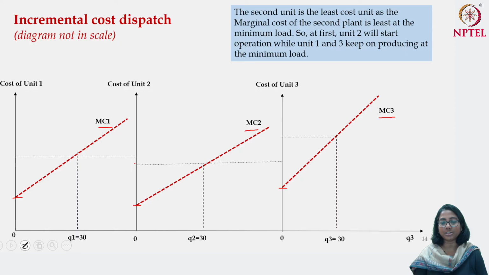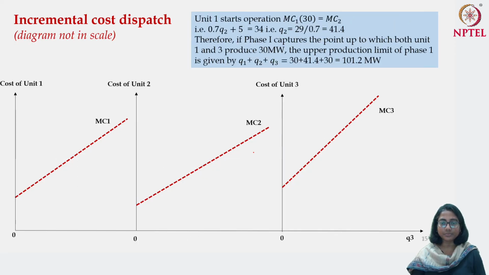This is the minimum marginal cost that you have, and this is happening for the second plant. The next higher marginal cost is here for plant 1, and the highest marginal cost, which is actually quite high as compared to 1 and 2, is here. So the second generating unit is the most efficient unit, followed by the first, and then followed by the third.